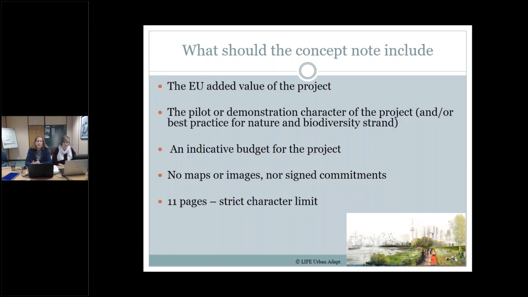It will help to persuade the evaluator that the financial side of the project is secured, that you have your match funding sorted. But I stress again, it's not a requirement at this stage that you have a declaration of co-financing in place.